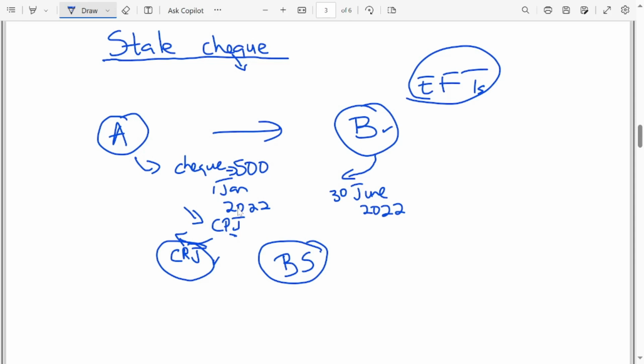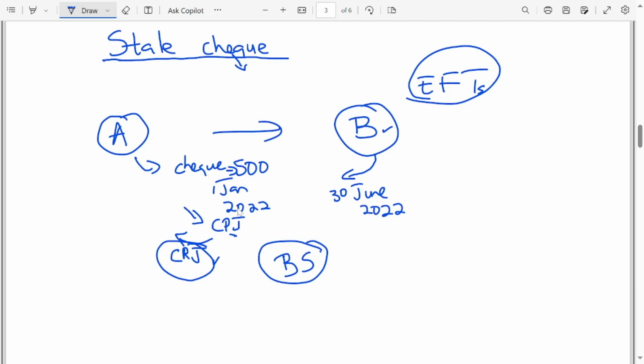Remember, what you record in a bank reconciliation statement is something that is appearing in the cash books but not in the bank statement.